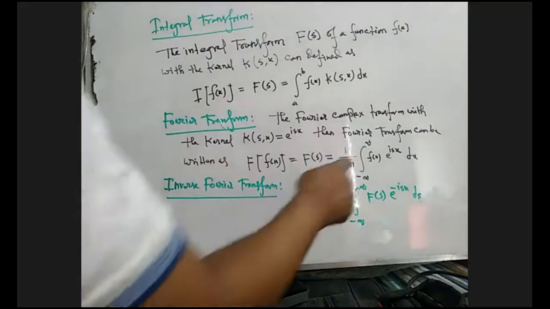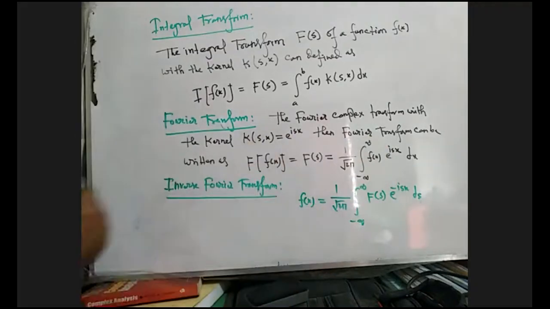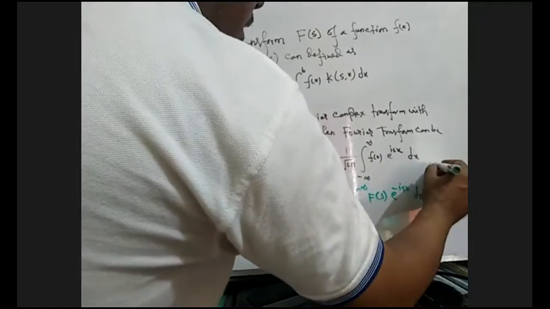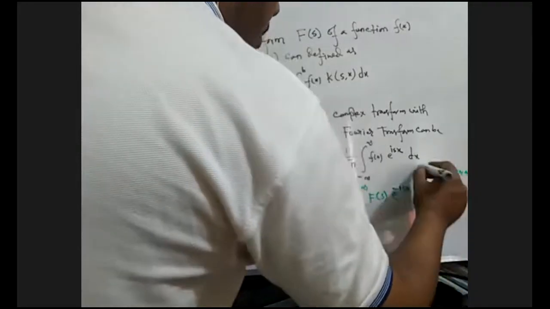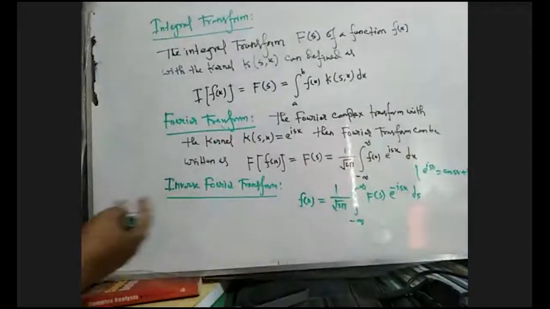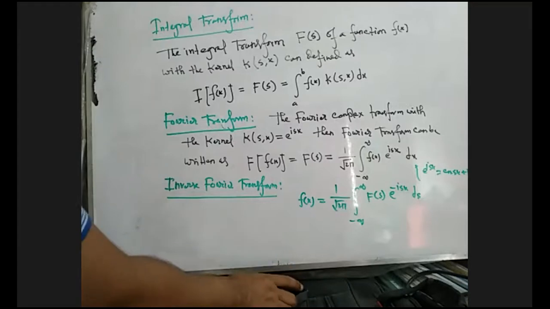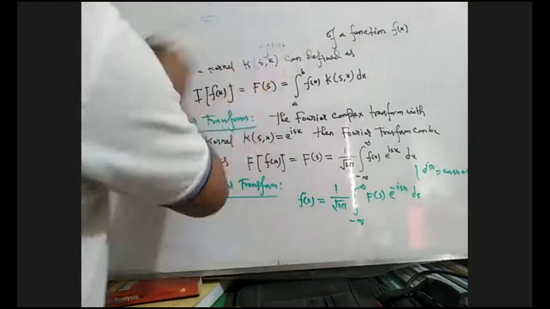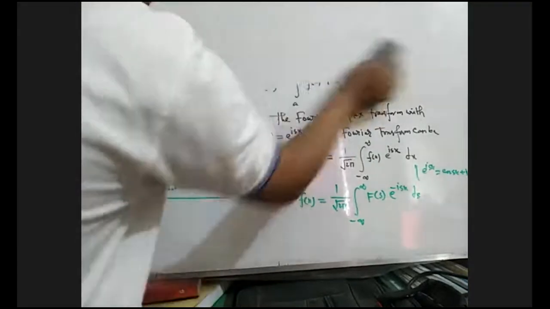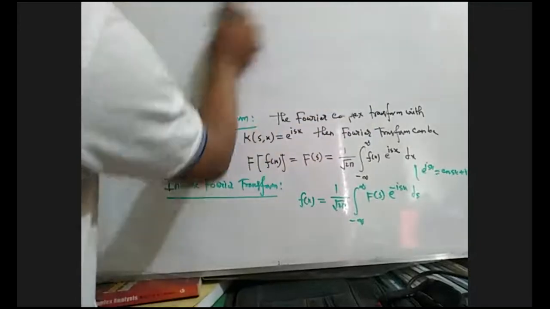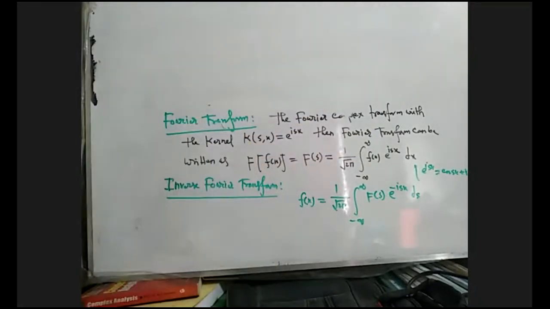Now you must know that e to the power isx can be written as cos sx plus i sin sx in complex form. There are two types of Fourier transform: one is the Fourier sine transform and the other is the Fourier cosine transform. So now, the Fourier sine transform.